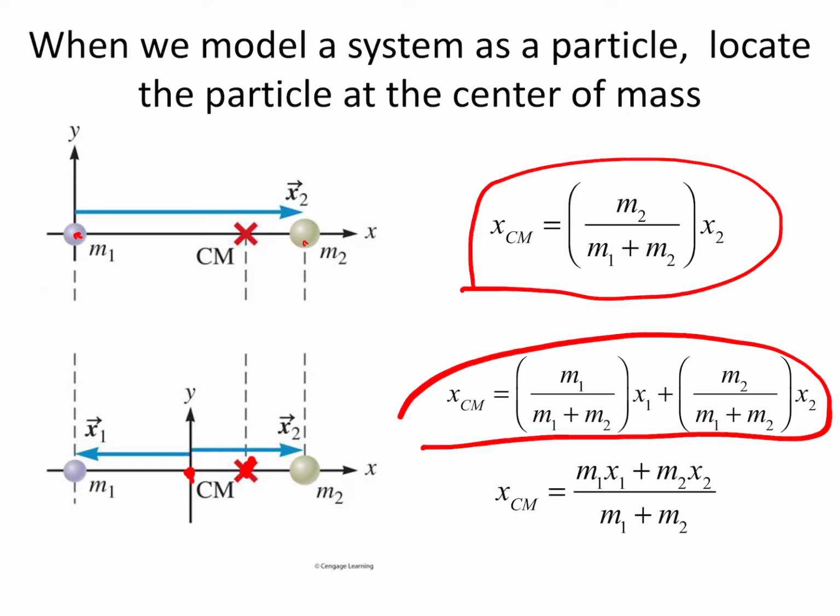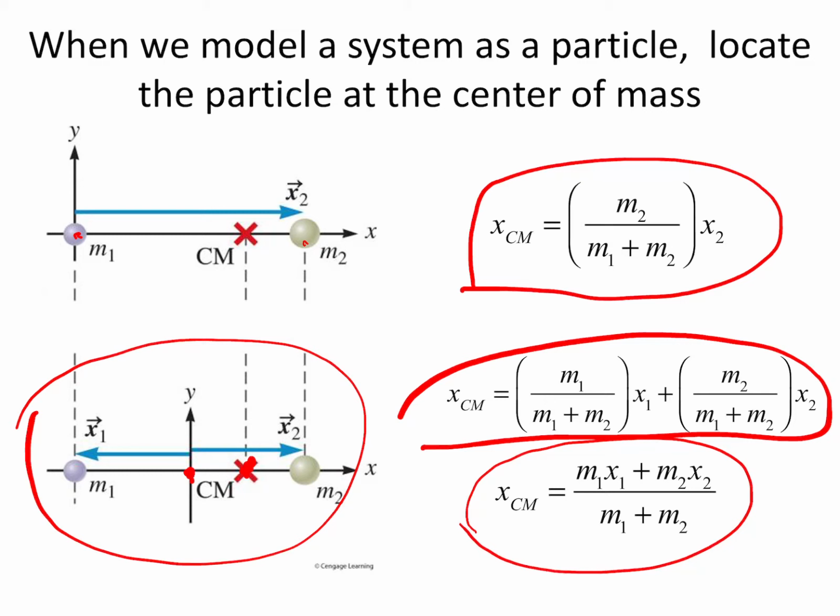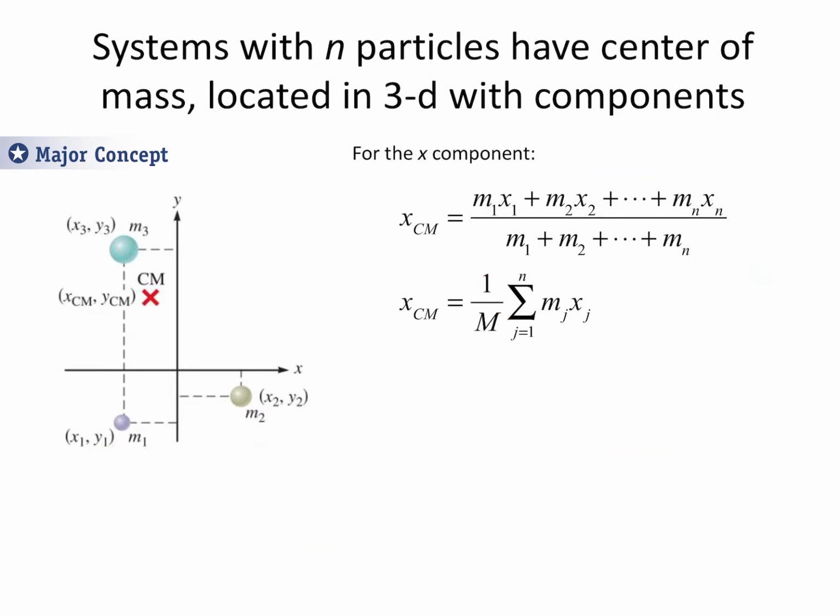Now, we prefer this kind of coordinate system because M1 and M2 are symmetric, so you can have the center of mass of the system right as this.